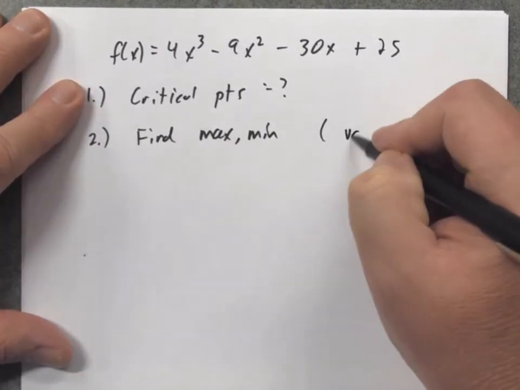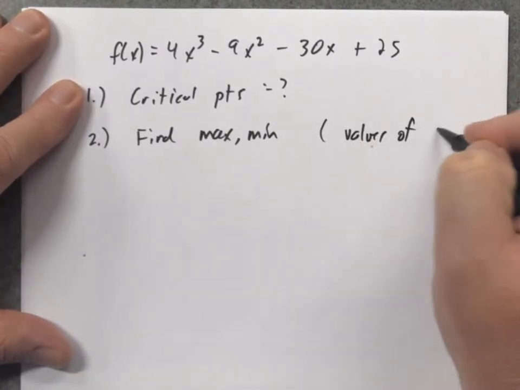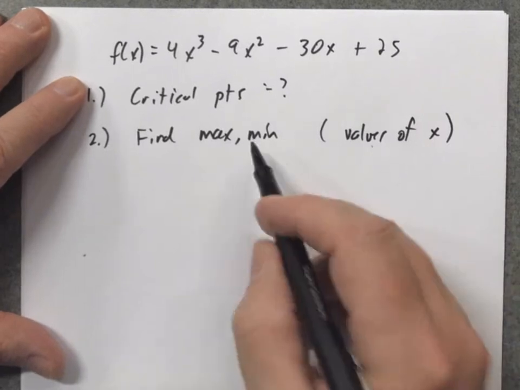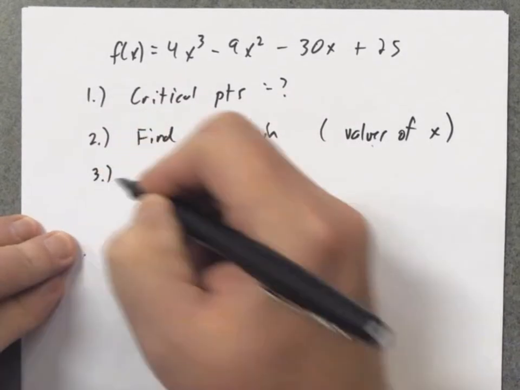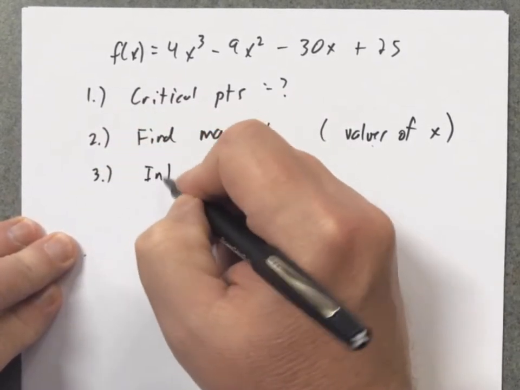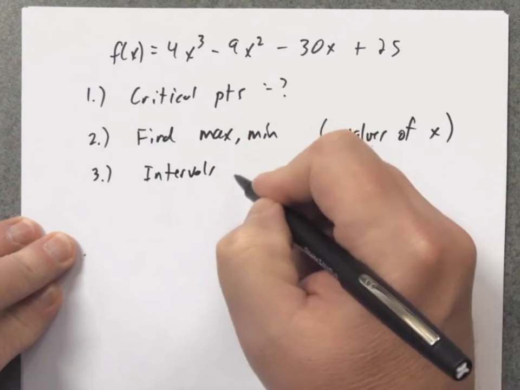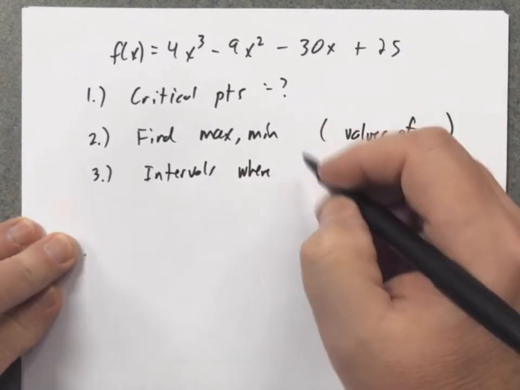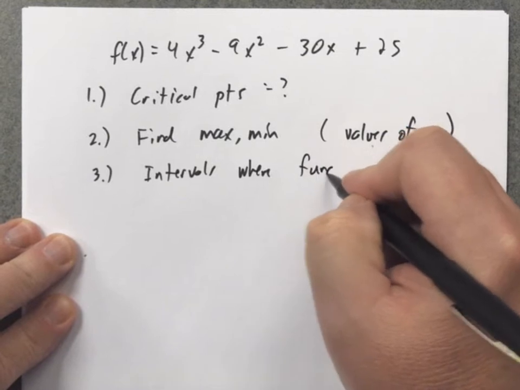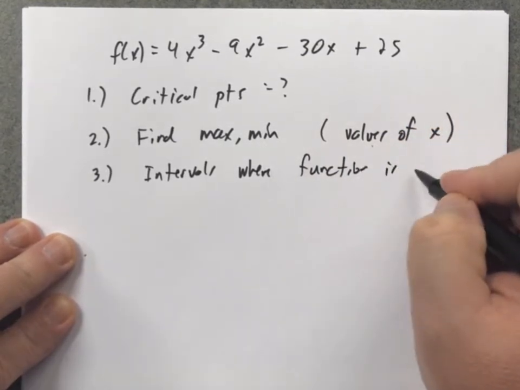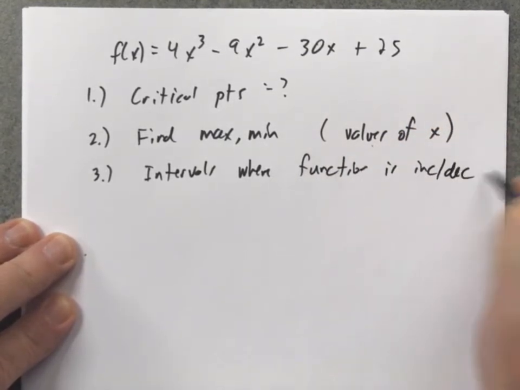In this case, we're just going to find the values of x where either a maximum or minimum occurs. And then they say, then give the intervals where the function is either increasing or decreasing.